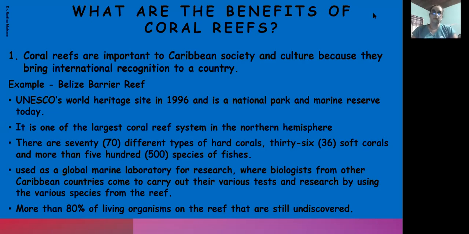And what is interesting about the Belize Barrier Reef is that it continues to attract marine biologists from all over the world, because it is believed that 80% of the living organisms on the reef have not been discovered. Okay, so when we're talking about international recognition, we can use the Belize Barrier Reef as a good example.